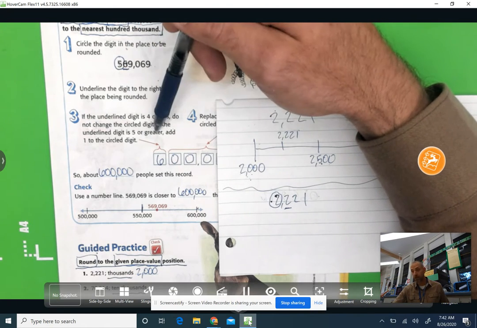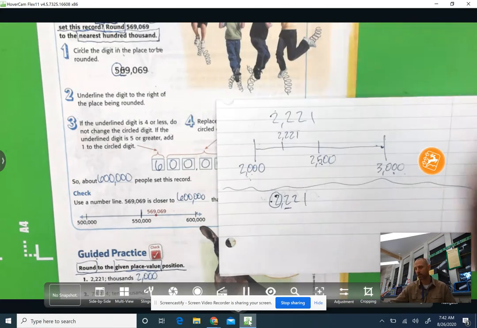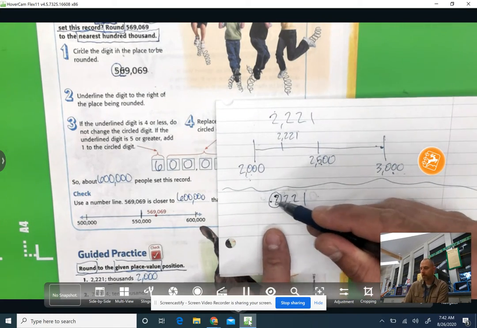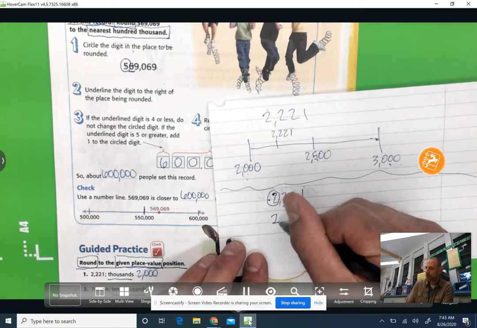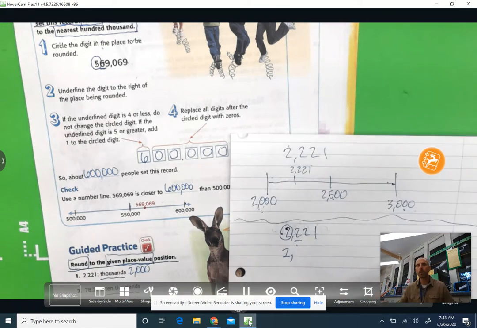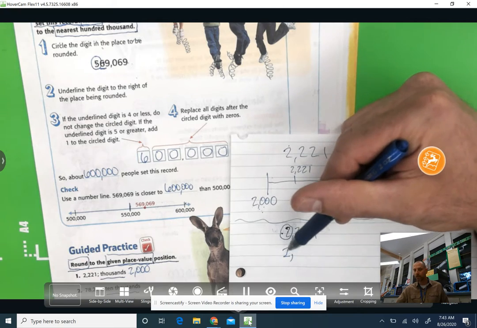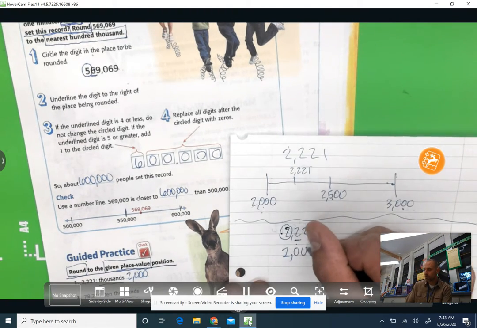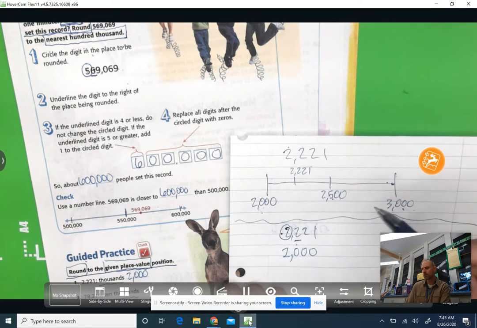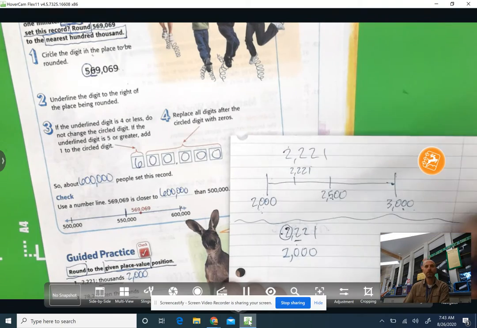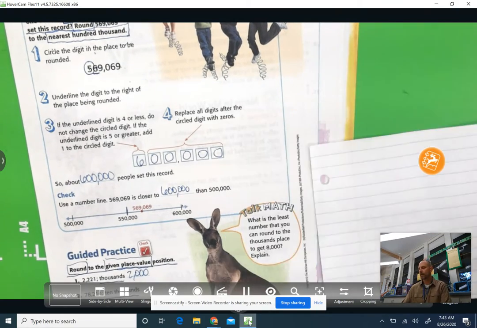If the underlined digit is 5 or greater, add 1 to the circled digit. Here, 2 is less than 5. Do nothing to that circled digit. It stays the same. And then we look at number 4. Replace all digits after the circled digit with zeros. 0 in the hundreds, 0 in the tens, 0 in the ones. Again, it still rounds to the same place value position, 2,000.